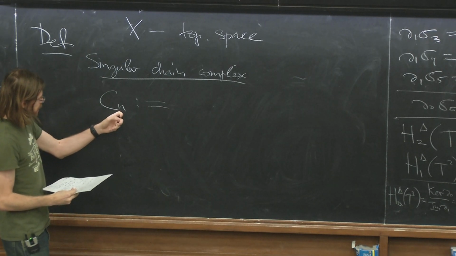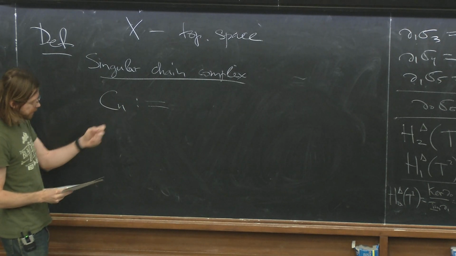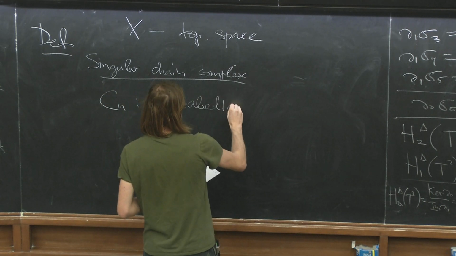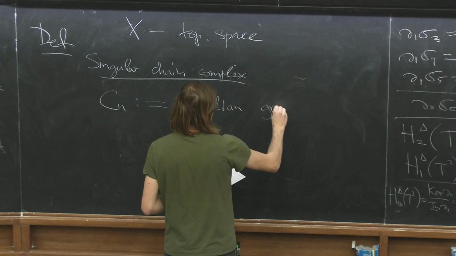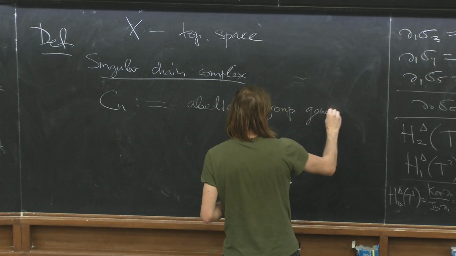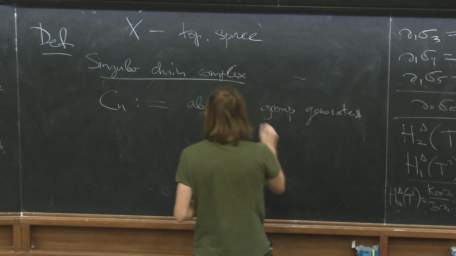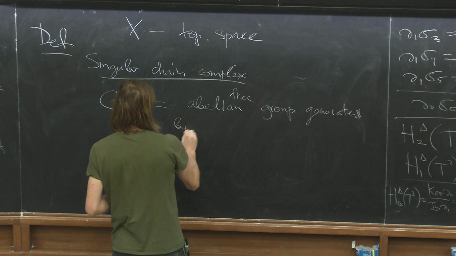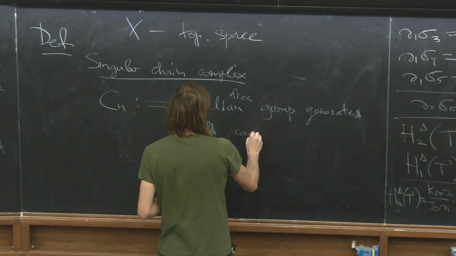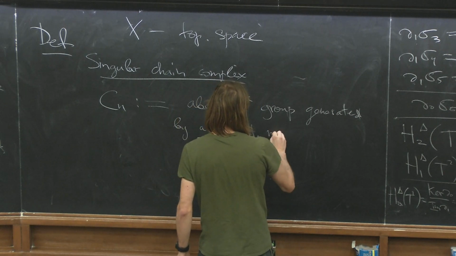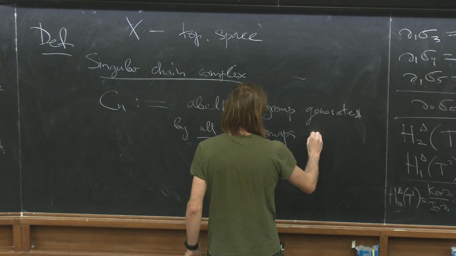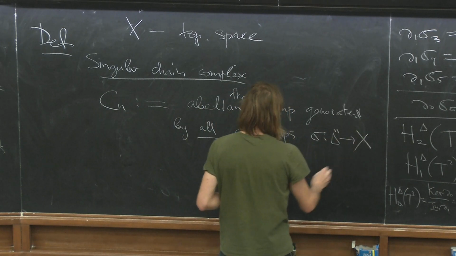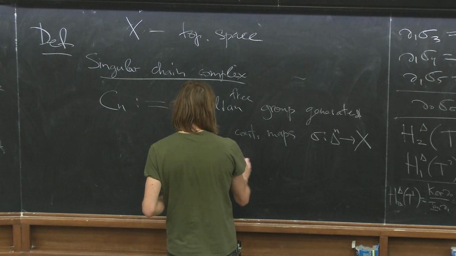In this case, the abelian group for an integer n is defined as the free abelian group generated by all continuous maps sigma from the n simplex to X. There are no restrictions.